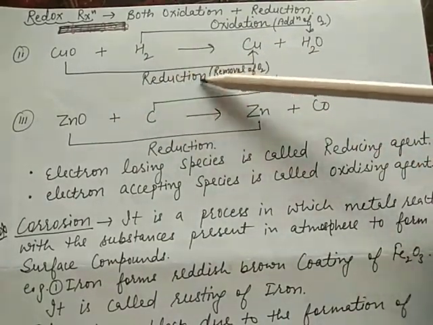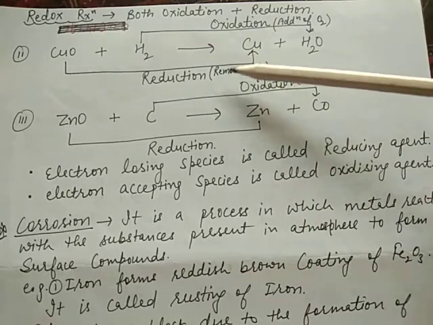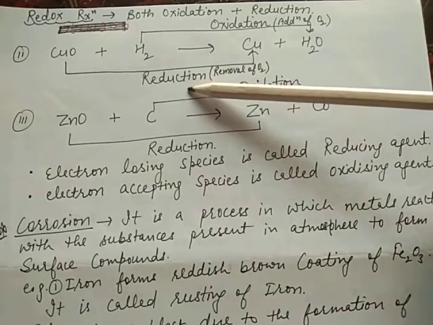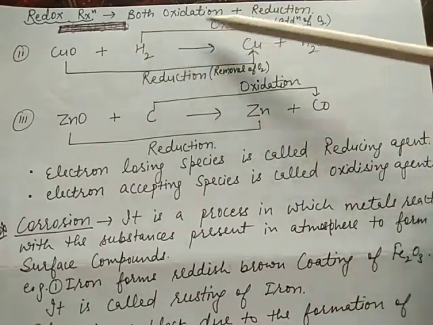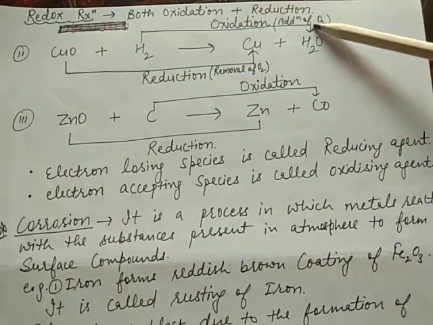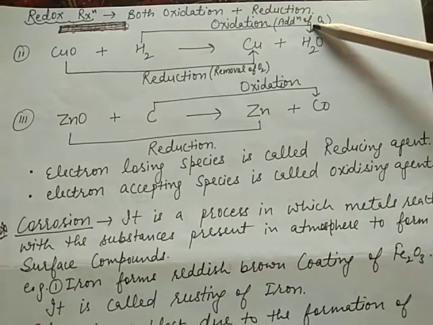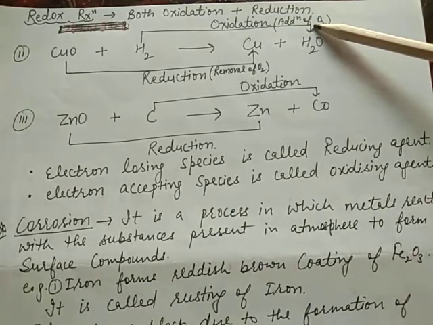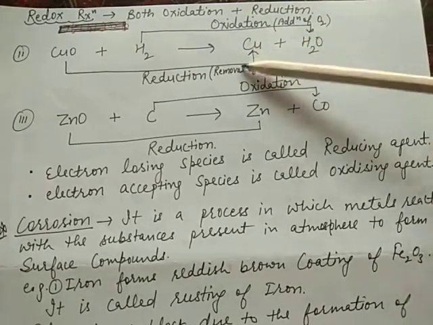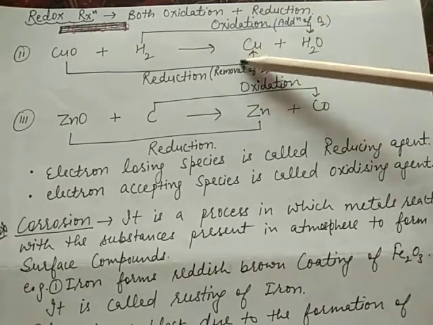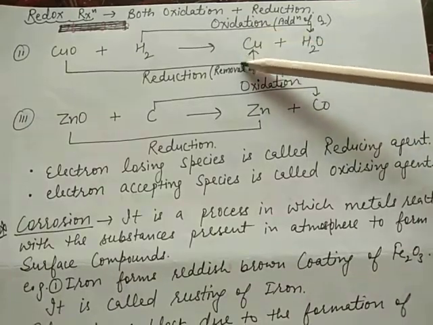Here the removal of oxygen takes place. Removal of oxygen means reduction takes place. But in this case, H2 changes into H2O. Here the oxidation takes place because of the addition of oxygen. So this is a type of redox reaction where both oxidation and reduction take place simultaneously.